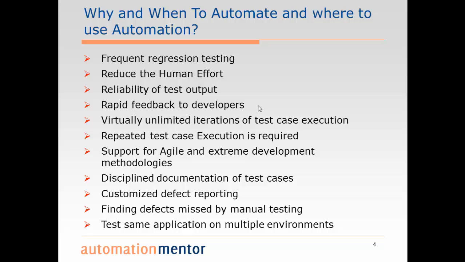Unless we save time, it does not really make sense to go for automation. So when we start automation, or even before we start, we usually begin by calculating the ROI: how much time we actually spend without automation, how much time it takes to automate the product, and whether it really saves any time for us.